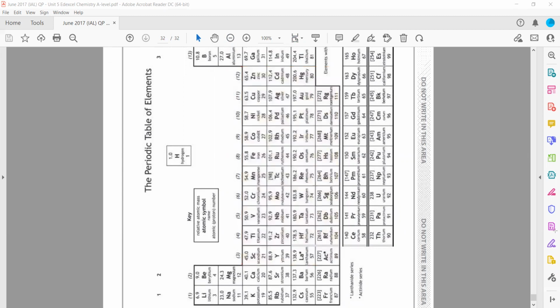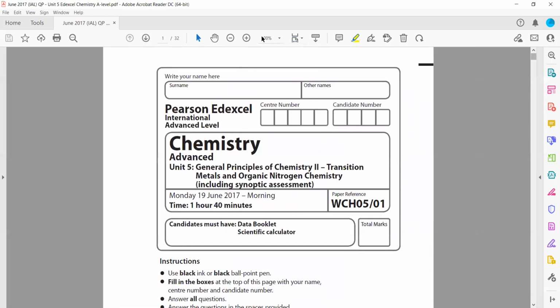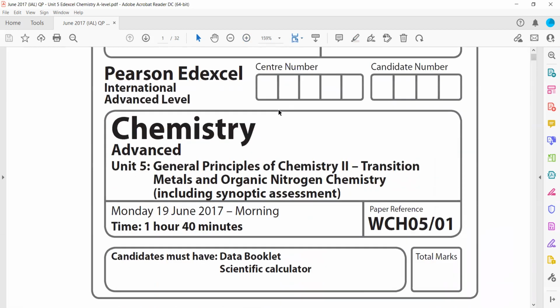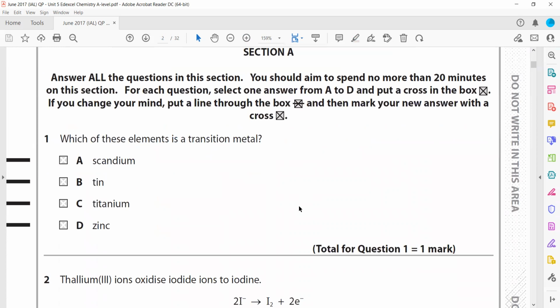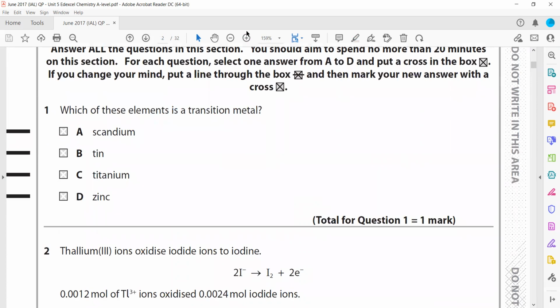Tin is not a transition element because it belongs to group 4. It's not a D block element. It is an S block element. So the correct answer is titanium.